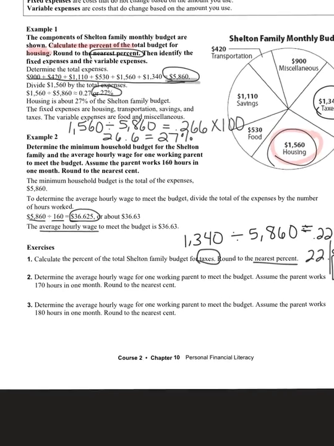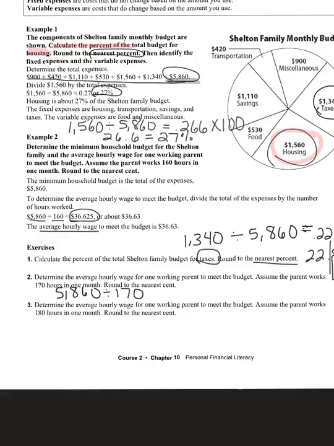Okay, number 2. Determine the average hourly wage for one working parent to meet the budget. Assume the parent works 170 hours in 1 month, round to the nearest cent. So that's just like example number 2. We take the total amount, and that was 5,860. We're going to divide that by the number of hours, 170.